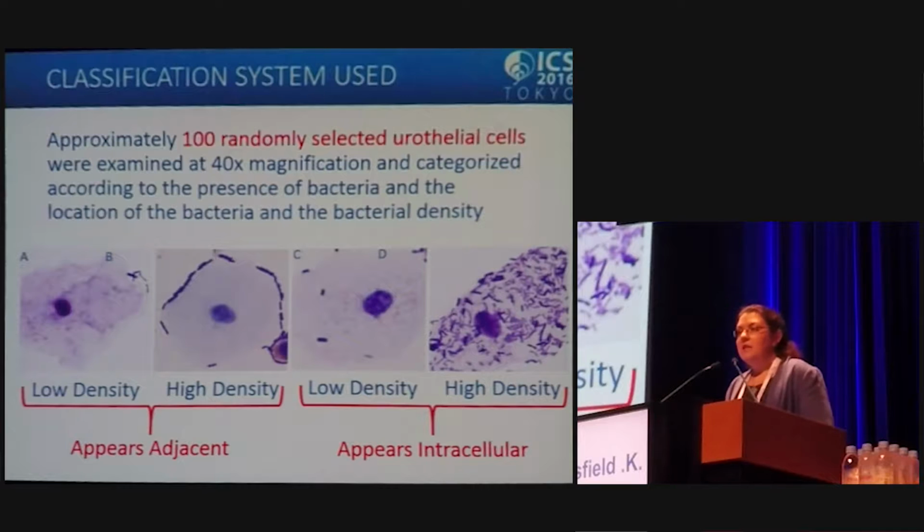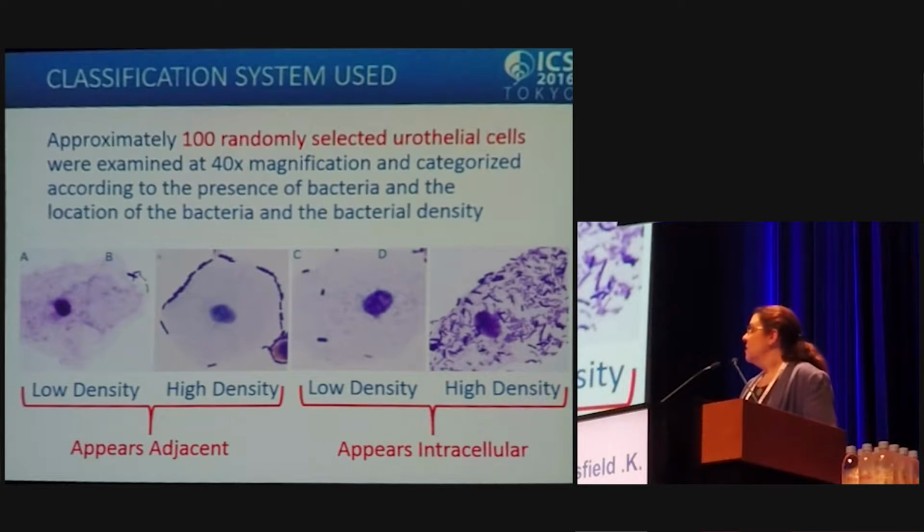To characterise that, we selected 100 urothelial cells on the Wright stain and described the association of the bacteria with the urothelium. Firstly, we had bacteria that appeared adjacent to the urothelial cells, at low or high density. Here you can see the bacteria ringing the outside of the urothelial cells, so appearing adjacent and high density because the bacteria were covering more than 50% of the rim of the cell.